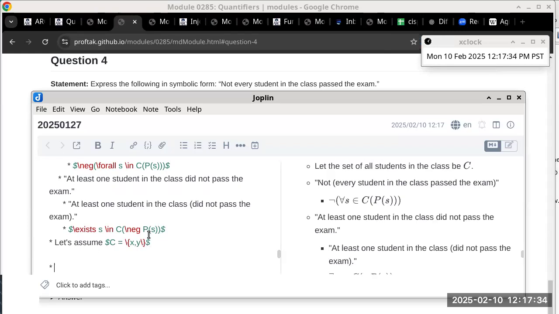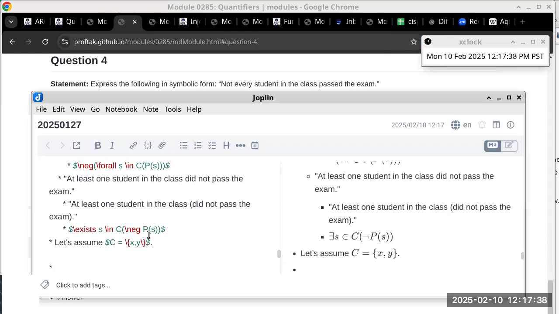In other words, how do we express it? The entire class passed the exam is the same thing as saying P of X and P of Y.